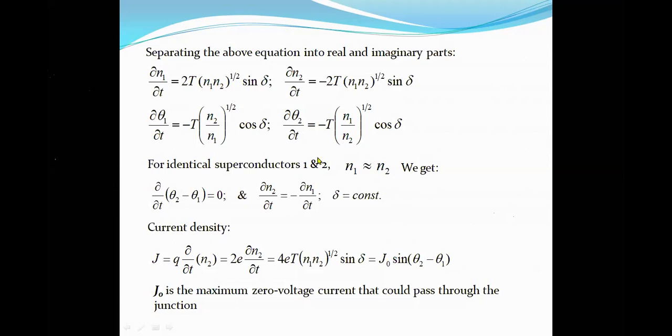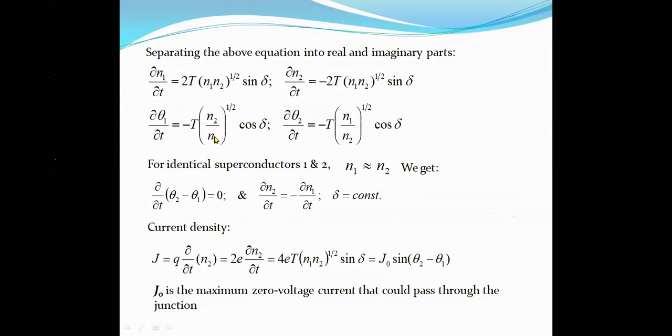So if we do that, n1 and n2, you put it n, so this is n square and n raised to the power half to 2tn minus 2tn. So that is how you have this dn2 dt minus dn1 upon dt. This is what you get from there.